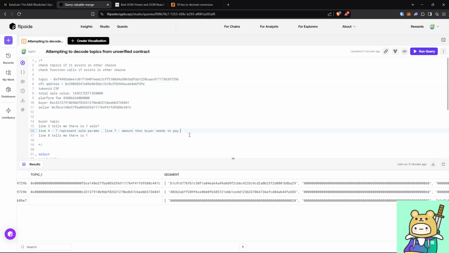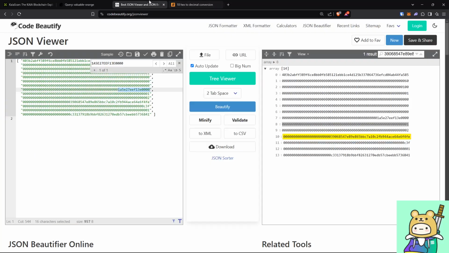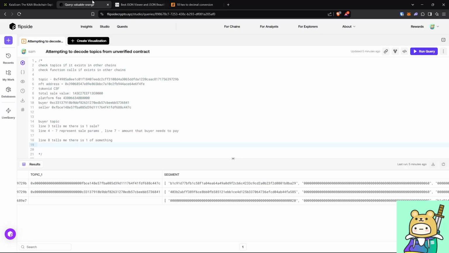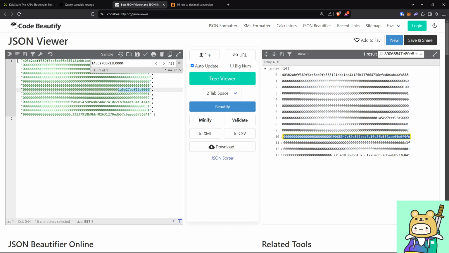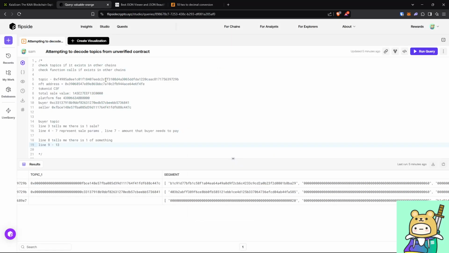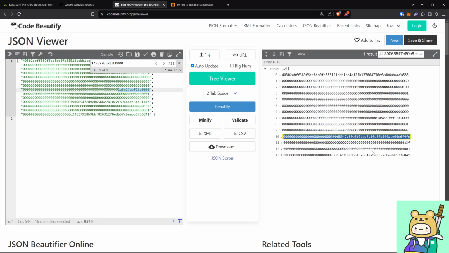Write it down. That's 1 of something, right? And then lines 9 to 13 represent that something, right? And because we see that line 10 is the NFT address, let's look for the token ID, C3F. There you go. So NFT address and token ID are together.